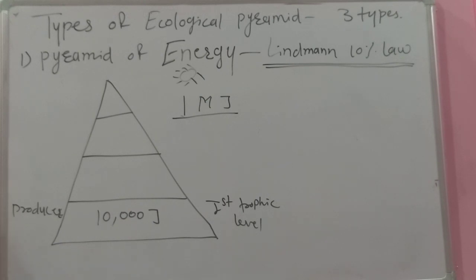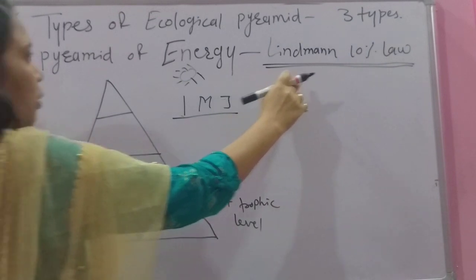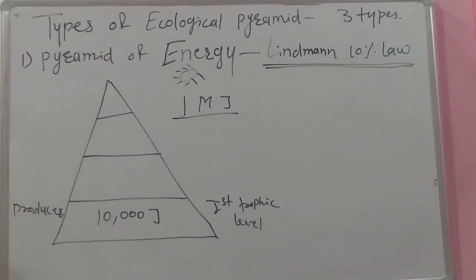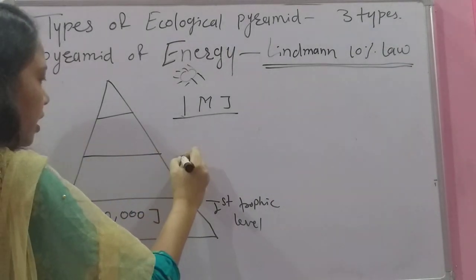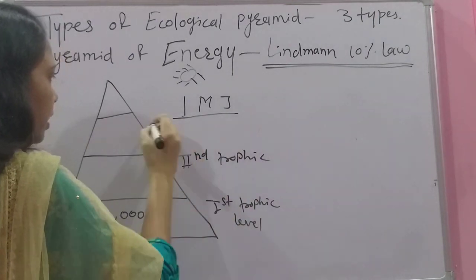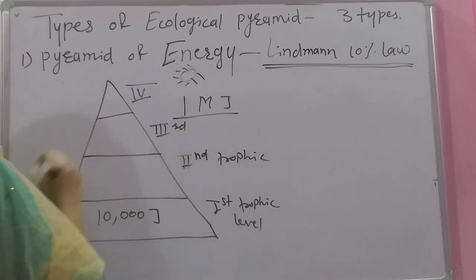Then by the Lindemann law, only 10% energy is transferred from one trophic level to another trophic level, meaning the second trophic level, then the third trophic level, and the last one is the fourth trophic level.